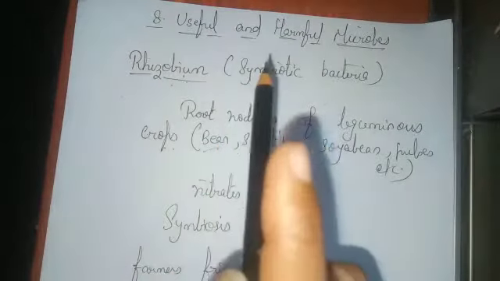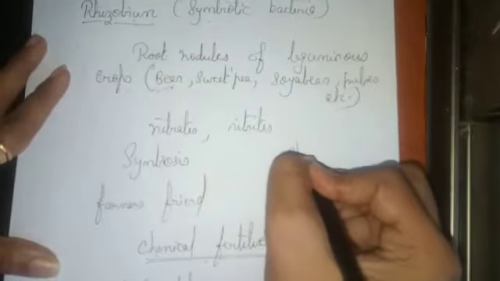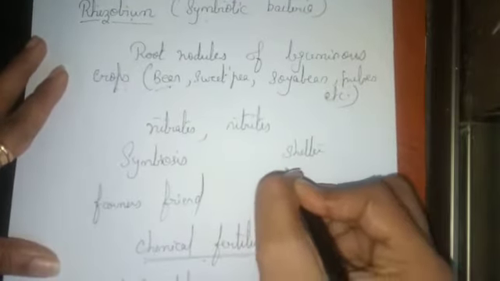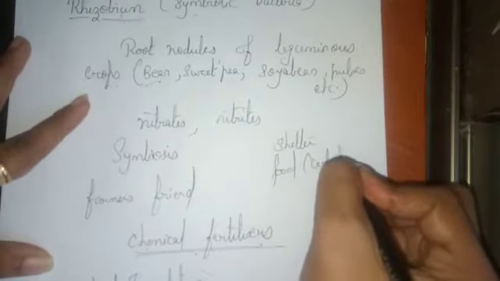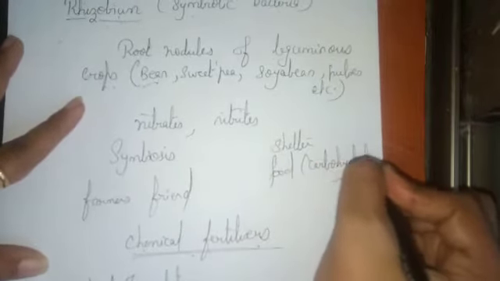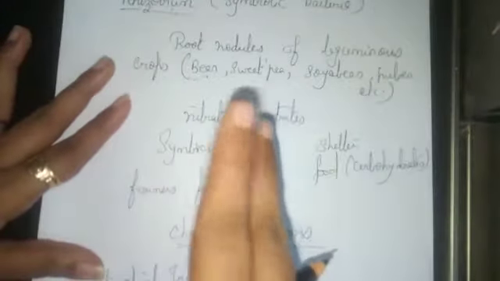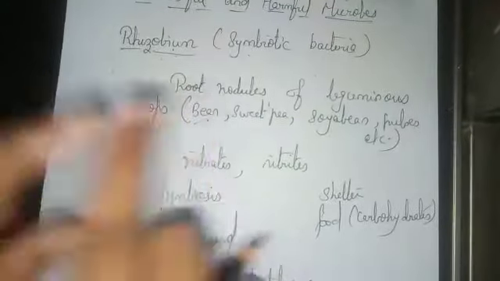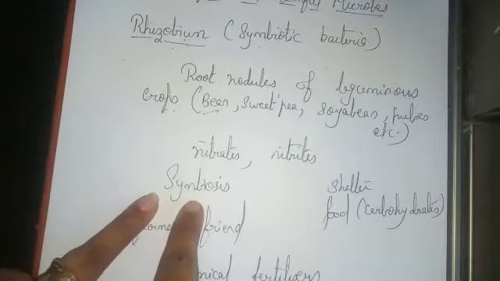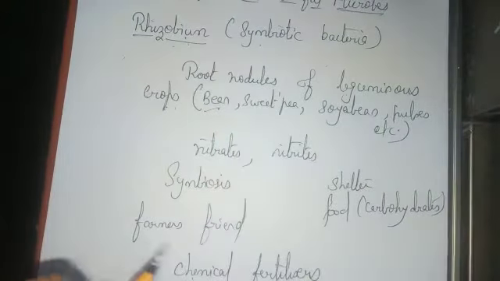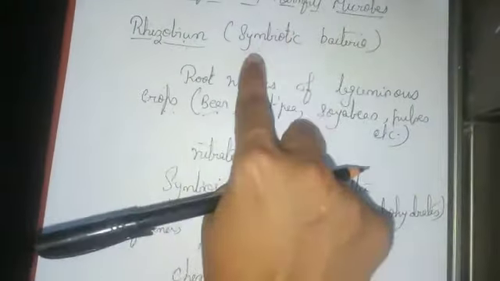They also provide the food in the form of carbohydrates. So they provide shelter and food in the form of carbohydrates to the rhizobium. So both the organisms are benefited because of each other. This is what is called symbiosis. Hence rhizobium is called symbiotic bacteria.